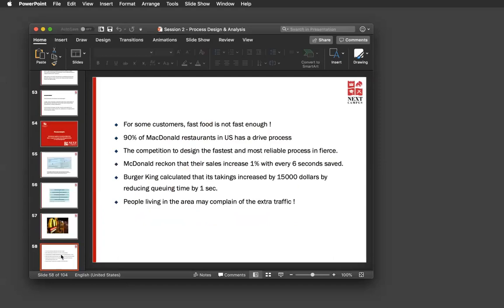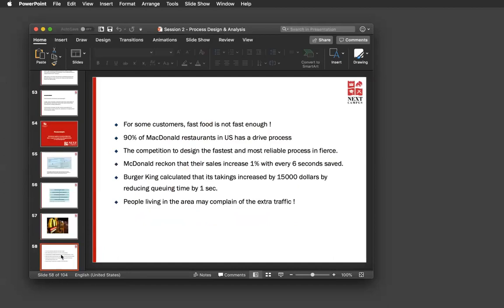Rather than the customer parking the vehicle, getting out, walking into the restaurant, staying in the queue, and placing the order, here you don't waste time. You don't get out of the car, you drive through, place the order from one counter, pick it up from the other counter, and then drive off.